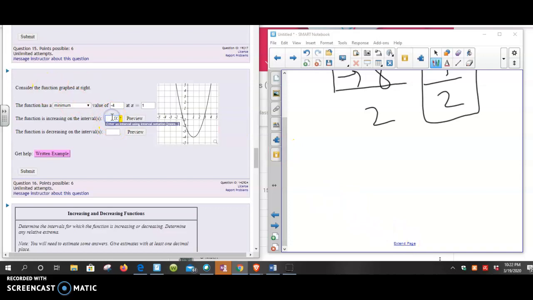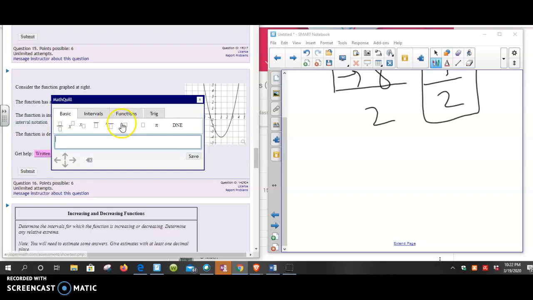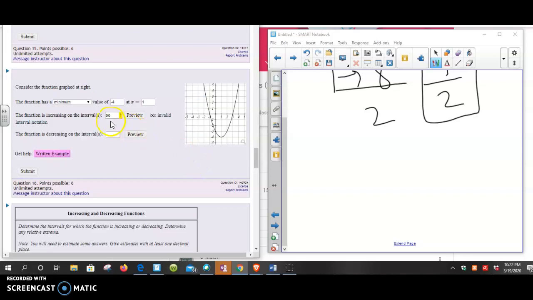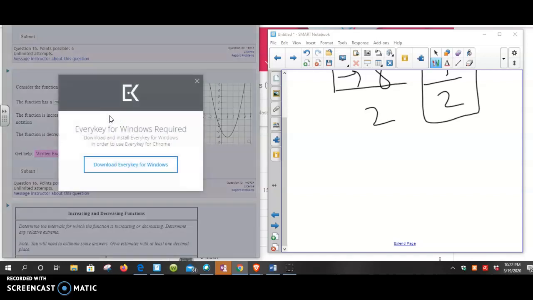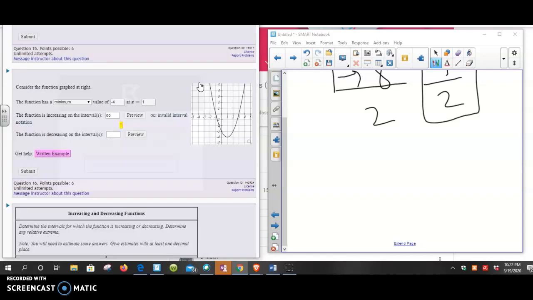So we'll say that's 1, comma, I need one of those special buttons. Infinity. Oh, I need to hit that button, don't I? Okay. Don't need that.